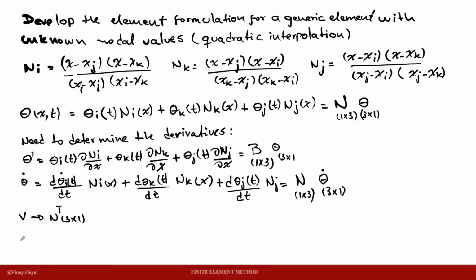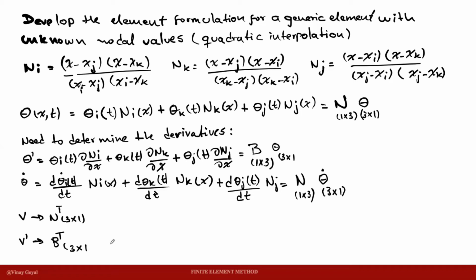All we need to do is substitute V prime by B transpose, which is 3 by 1.